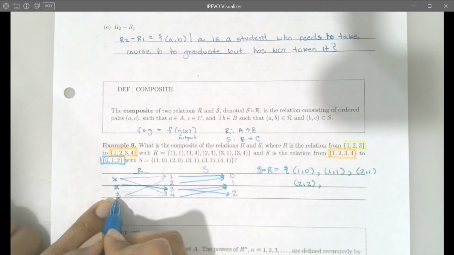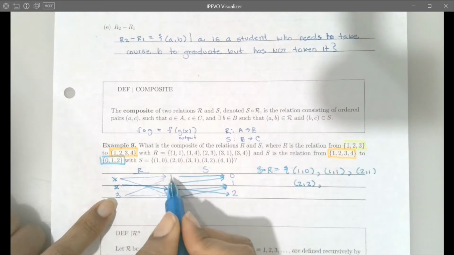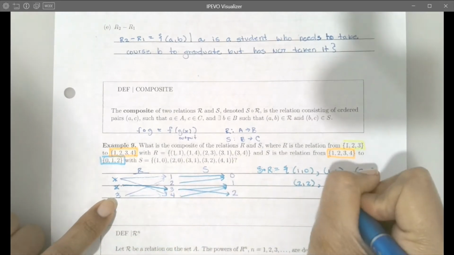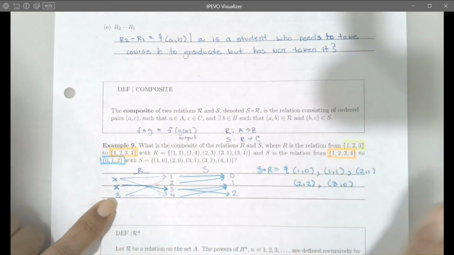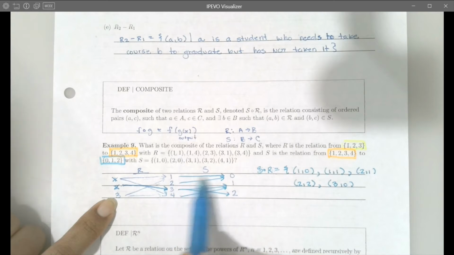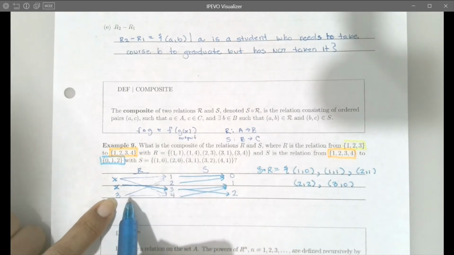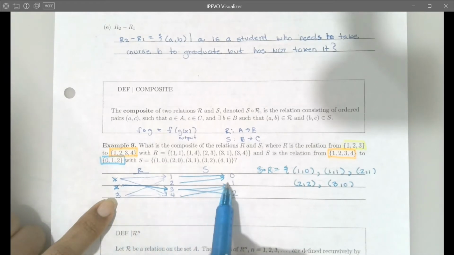Okay, the next one is input of 3. 3 gets mapped to 1, and 1 gets mapped to 0, so we're going to have an element 3, 0. Then 1 doesn't have any more outputs under S, so that means we're done at that point with the 1. We can move on to the next output of 3 under R, and that would be 4. So 3 gets mapped to 4, and 4 gets mapped to 1.